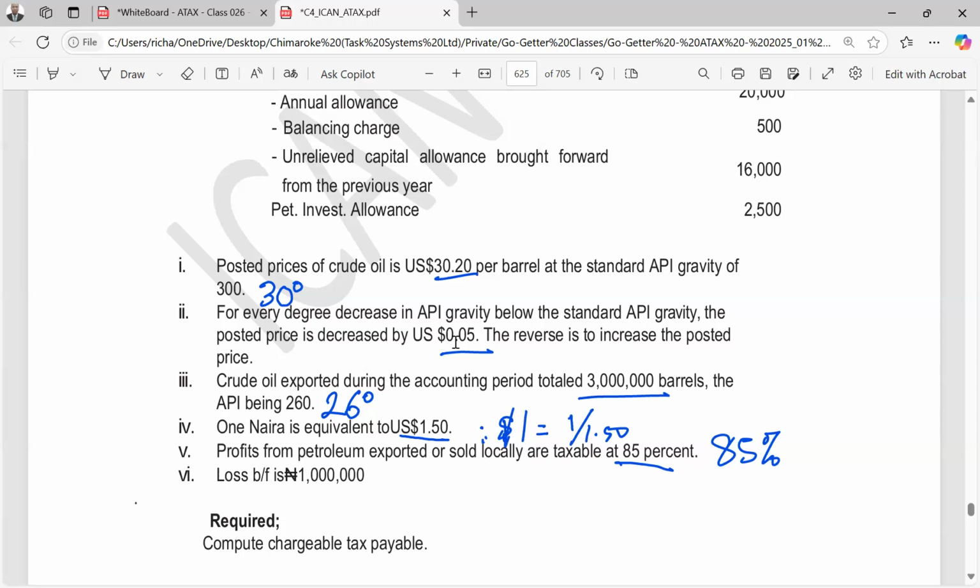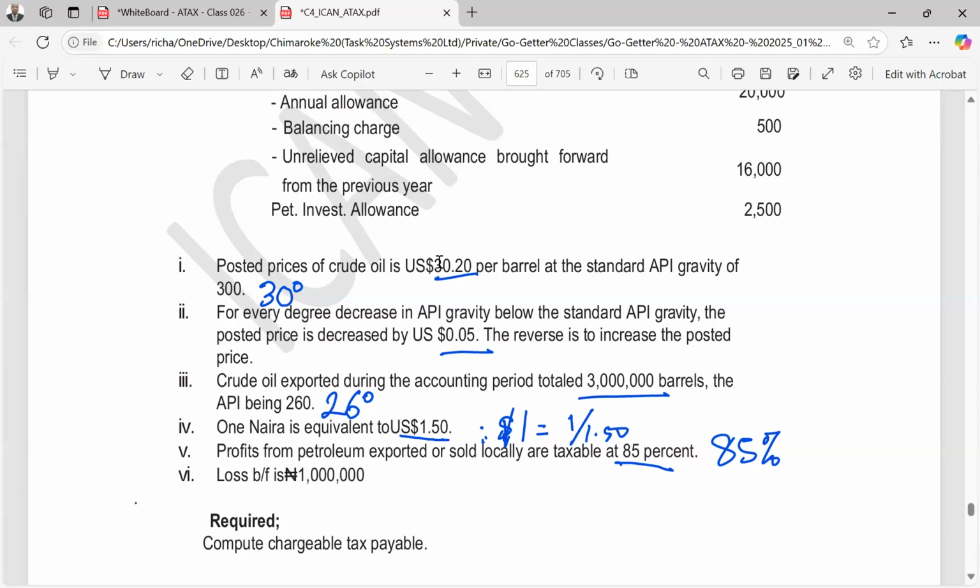So assuming that it was 29 instead of 30, we'll simply say 30.20 minus 0.5. But because it is 26, we would multiply this down by 4, which is the difference between 30 and 26, and reduce it from this.